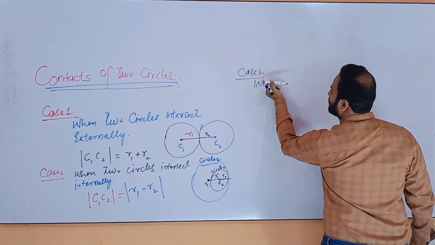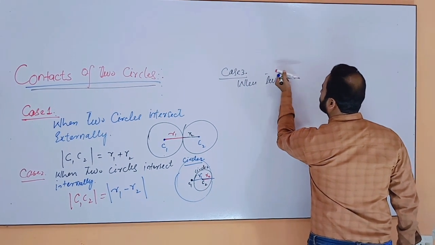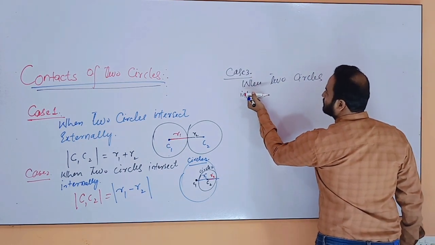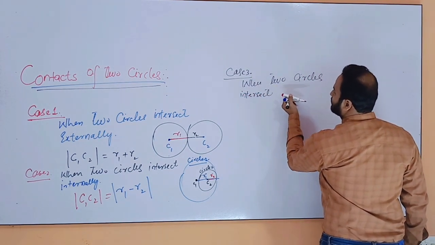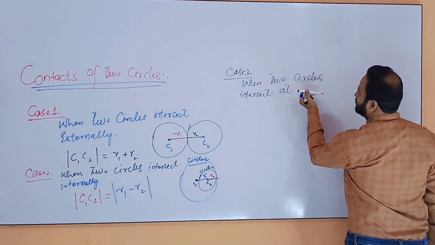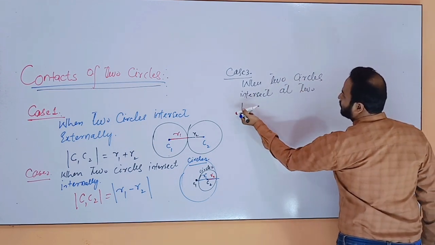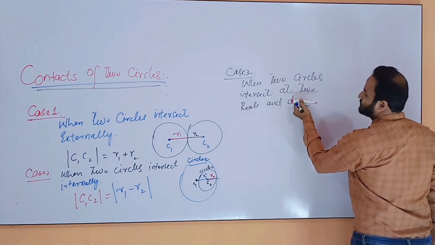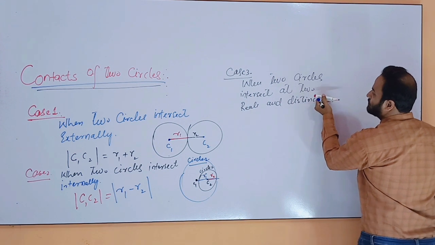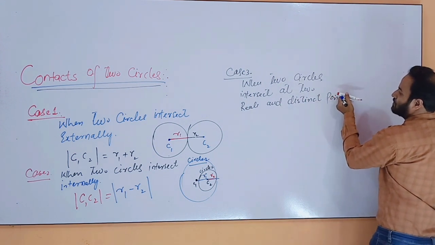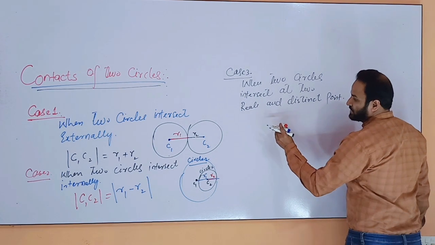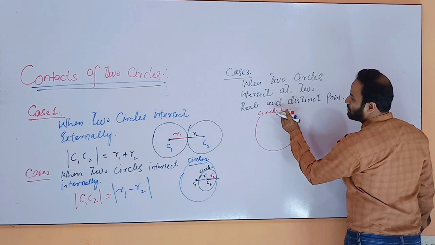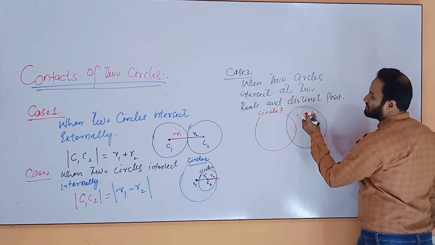When two circles intersect at two real and distinct points, then for example, this is circle 1, this is circle 2.